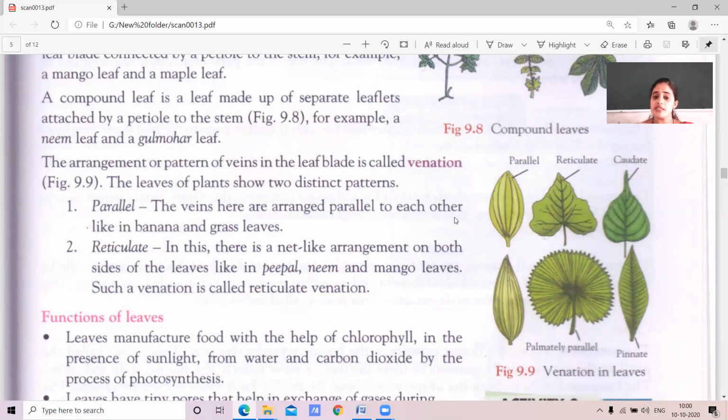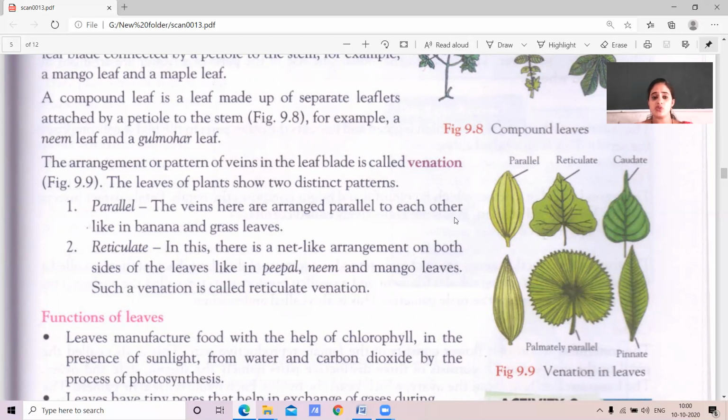In reticulate, there is a net-like arrangement we can see. On both sides of the leaf, we can see a network-like arrangement. Example, peepal, neem, mango. So many examples we can get for reticulate venation leaves.